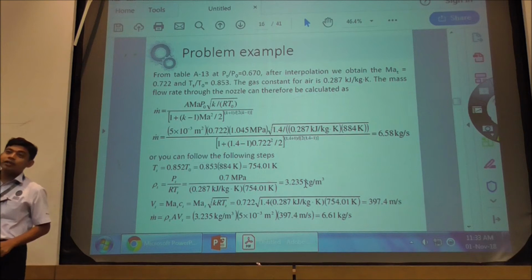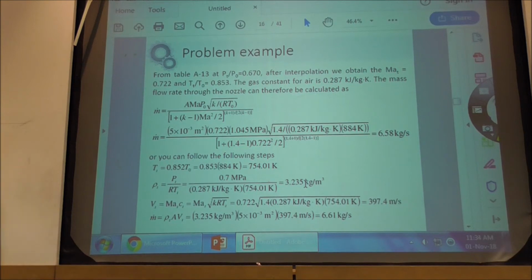Because the throat is not at a critical condition, so you cannot put star. Star is only for critical condition, which means at the throat when the Mach number is equal to 1. Other than that, you cannot use it. It has to be empty.